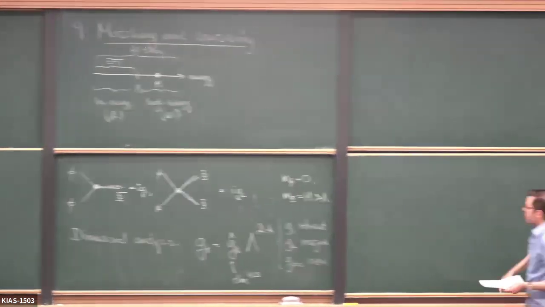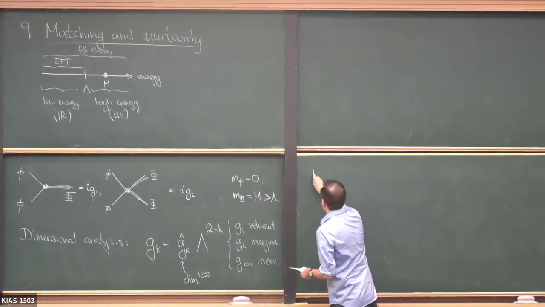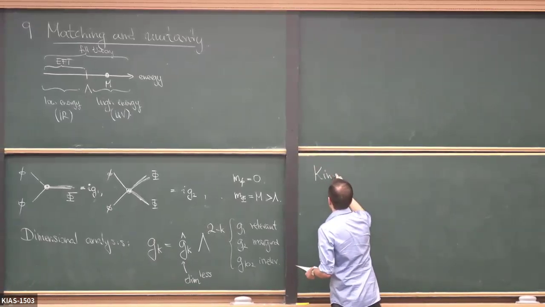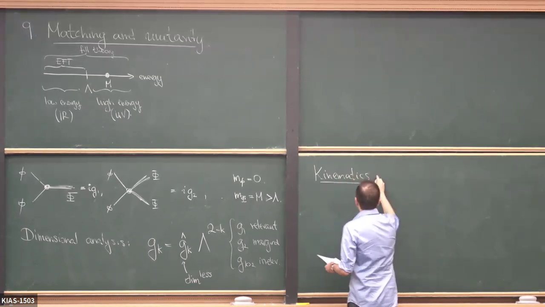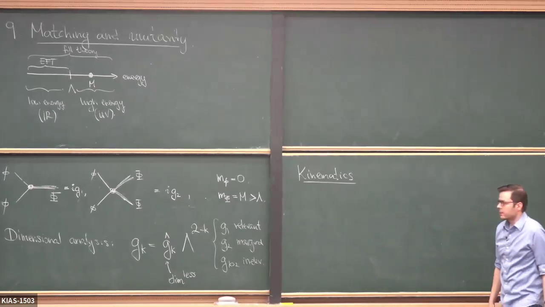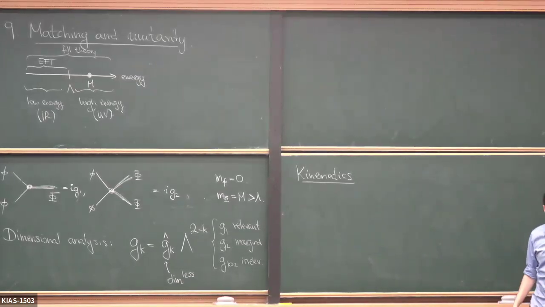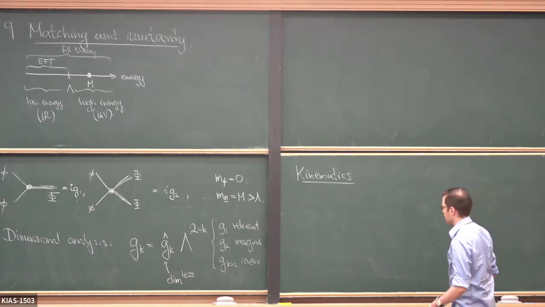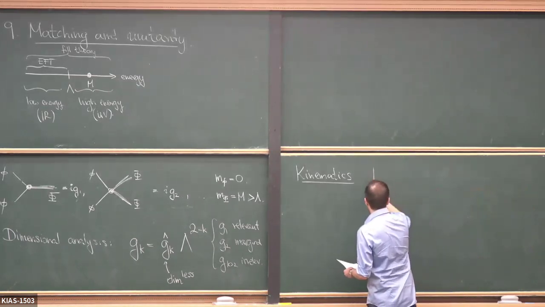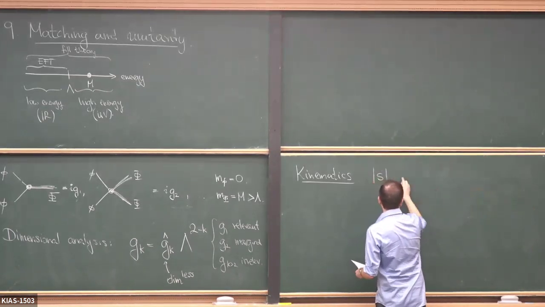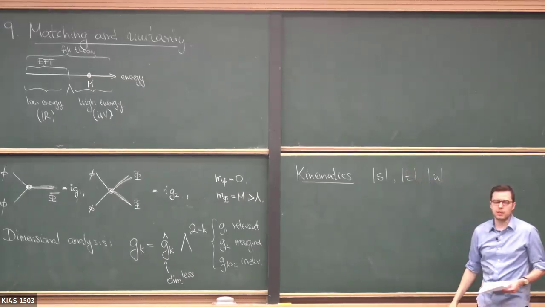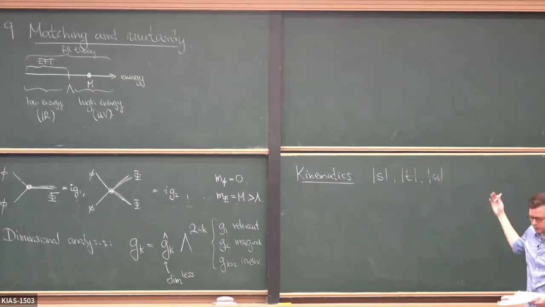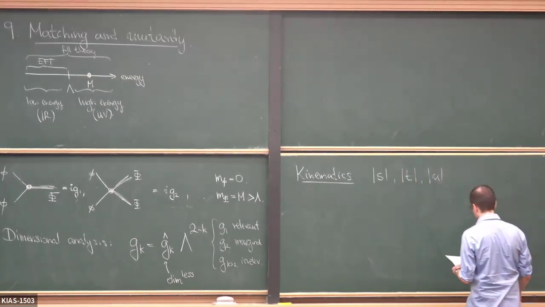So now, if we wanted to talk about effective field theory from the on-shell perspective, I have to agree on some kinematics. So I'm going to study the kinematics. We can just focus on the case of 2-to-2 scattering, which is the simplest interesting case. In this case, we have the kinematic invariants S, T, and U. We recall that one of them always has to be positive and the other ones have to be negative.